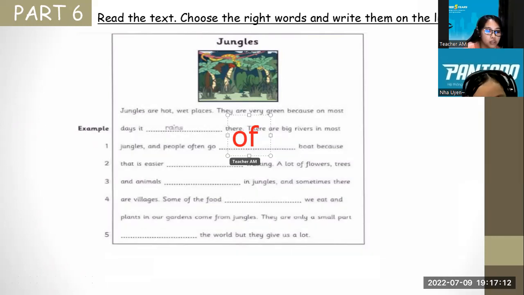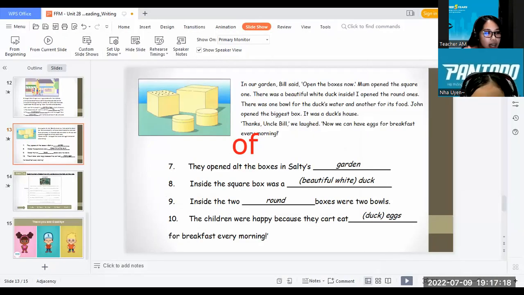So let me take a picture of this one for you. Then I will send this again on Zalo. Yeah, very good because we have Zalo. Okay, so please wait for me, Lily. Because that is easy.